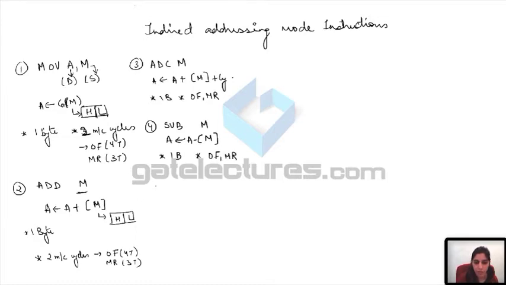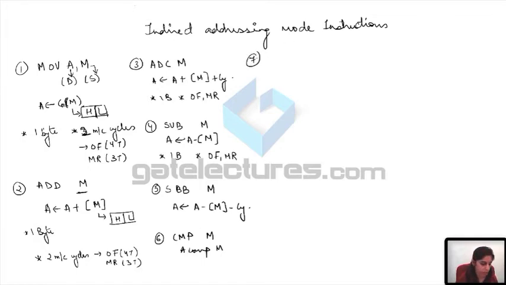This will be SUB M. Next would be SBB, subtract with borrow. Next instruction would be CMP M, compare memory, which will compare the data from memory. We've already seen how the compare instruction is working. This is going to subtract the contents of memory from accumulator, and according to the status of zero flag and carry flag, we're going to judge which one is greater.